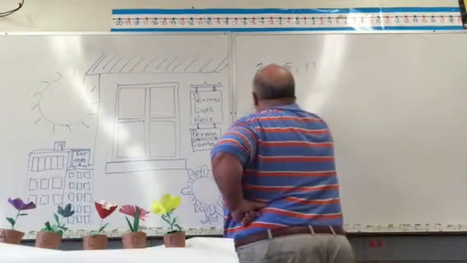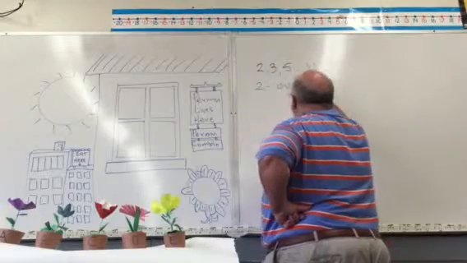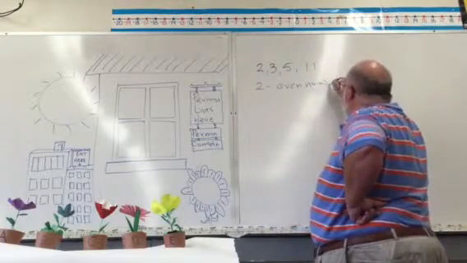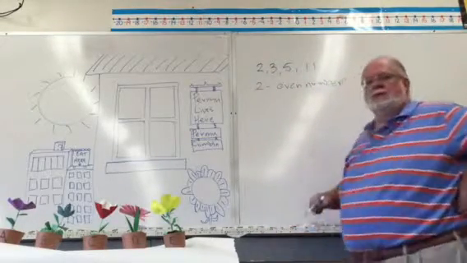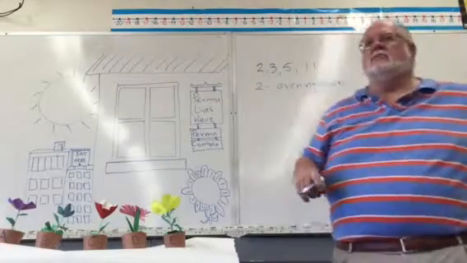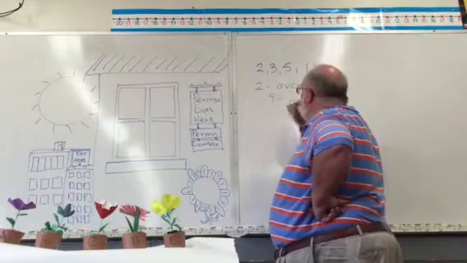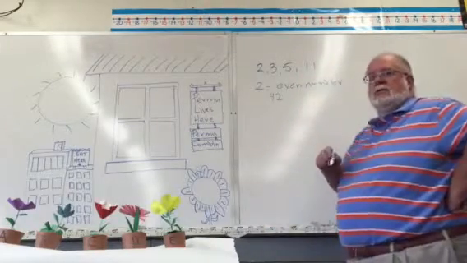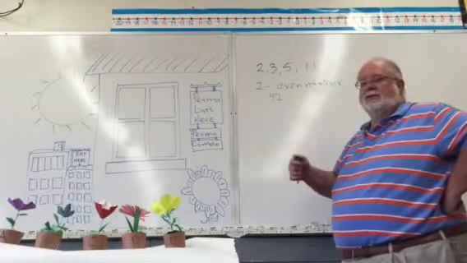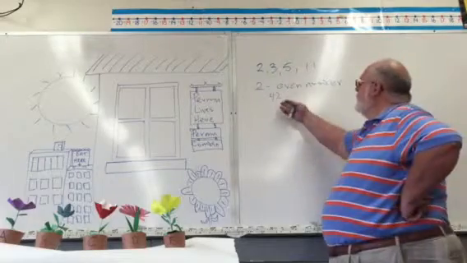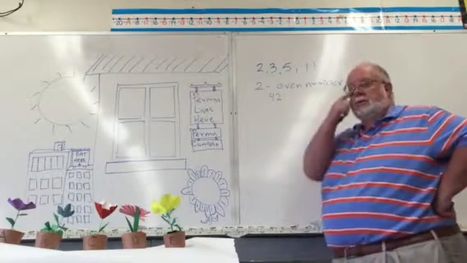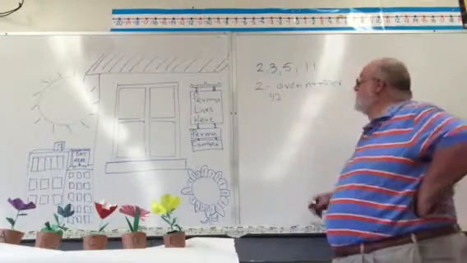The number 2, this is a rule that you probably know from elementary school. If it's an even number, the number 2 goes into it. So for example, 42. Even numbers end in 2, 4, 6, 8, or 0. 42 ends in 2, so 2 will go into 42.